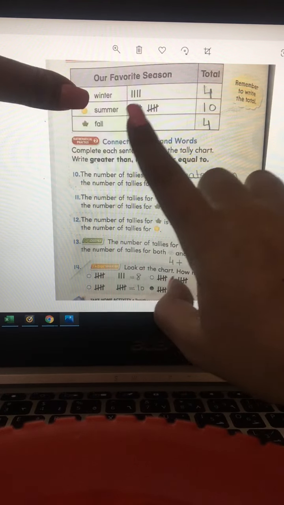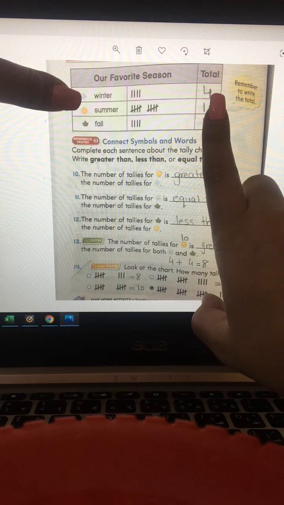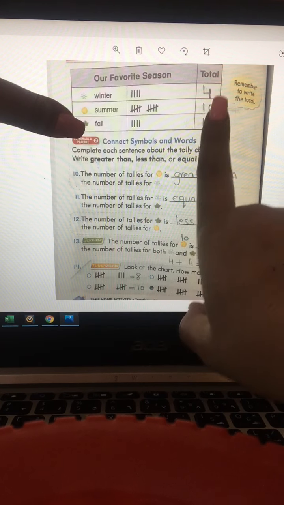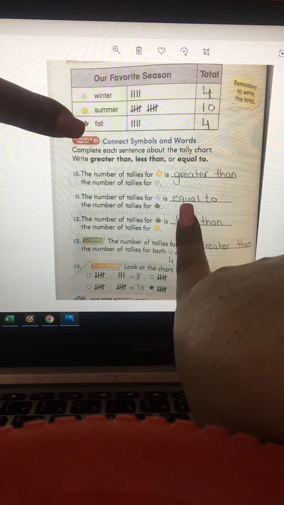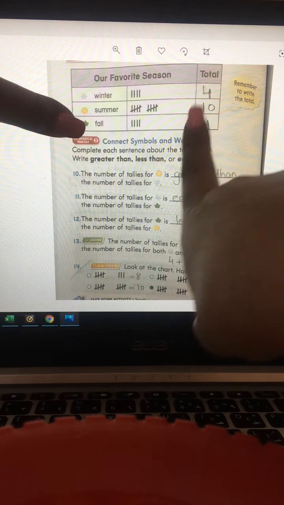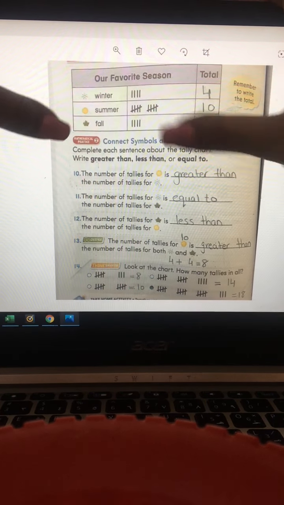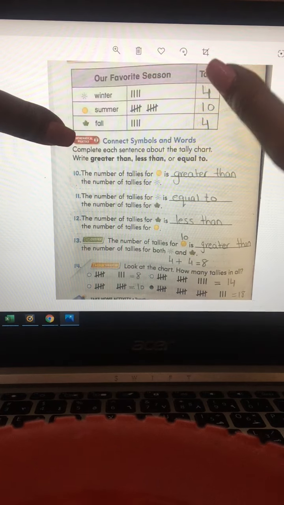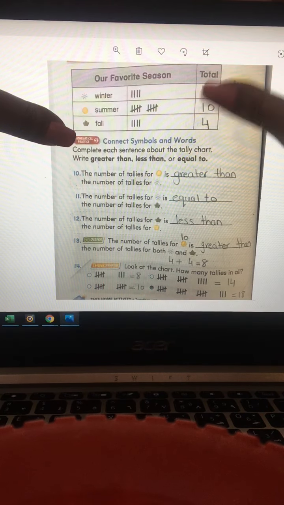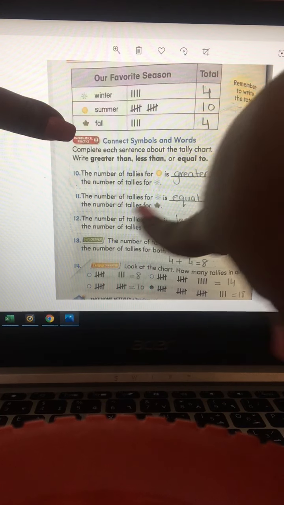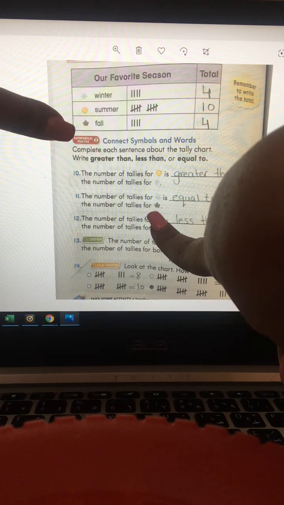The winter has 4 tallies. Fall has also 4 tallies. So these two numbers are equal. So the number of tallies for winter is equal to the number of tallies for fall.